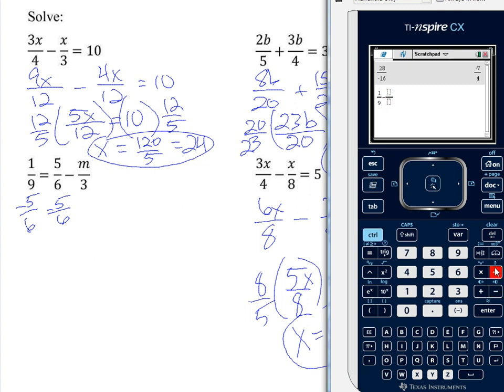Control, fraction template, 5, down, divided by 6. Does that not say 1/9 minus 5/6? It does. Press enter. Calculator does the math for you. It's negative 13/18. Okay? You don't need to find a common denominator there.